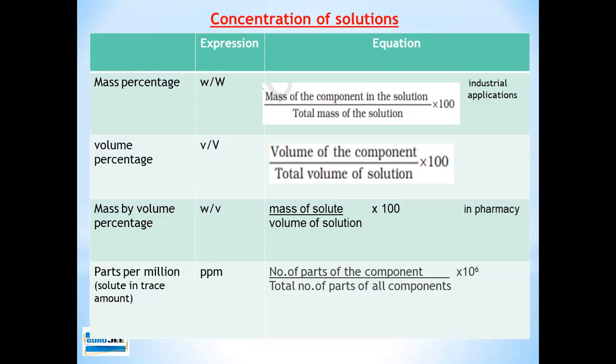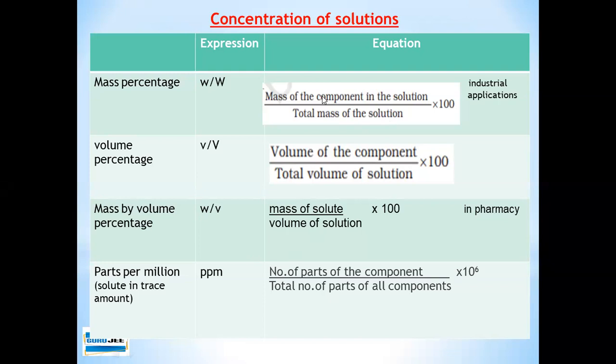First one is mass percentage. We can express it by W by W, that is mass of component in the solution divided by total mass of solution into 100. That is mass percentage. In the salt water itself, if we take just 1 gram of salt, here you can apply the equation as 2 divided by total mass of solution, which can be 10 milligram of solution.